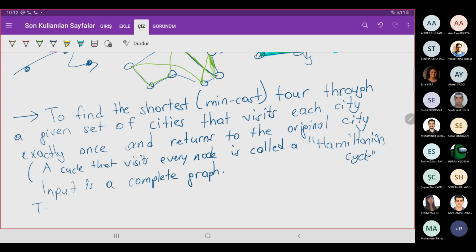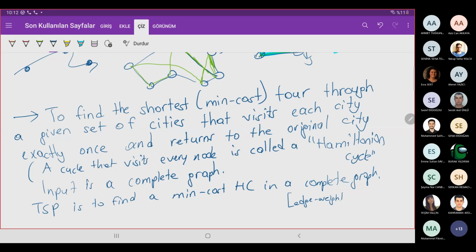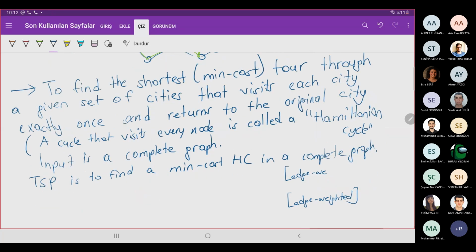And TSP, the traveling salesman problem, is to find a minimum cost Hamiltonian cycle in a complete graph, more formally, in a complete and edge-weighted graph, of course, edge-weighted. We are given weights or costs on the edges, okay?